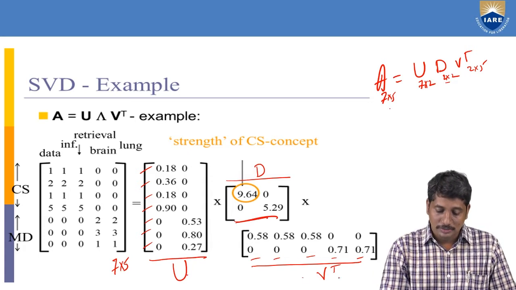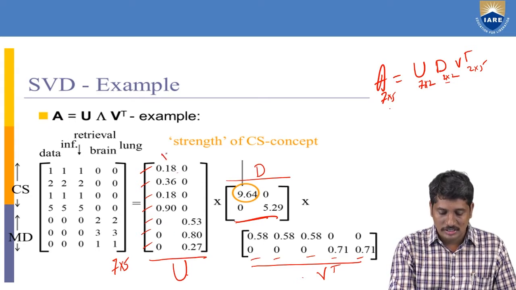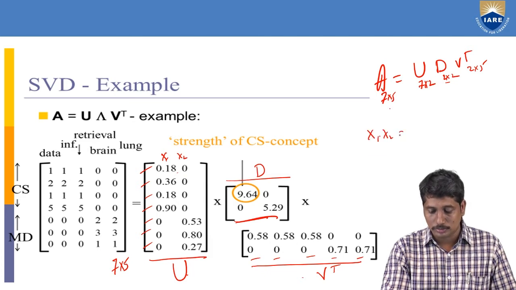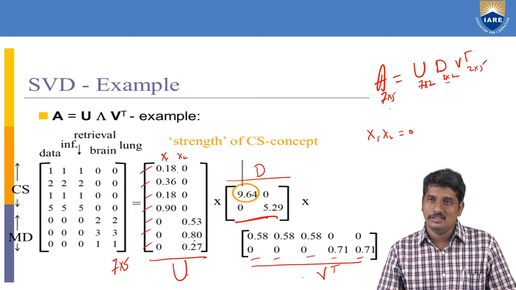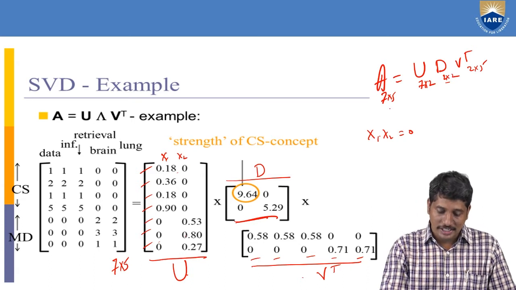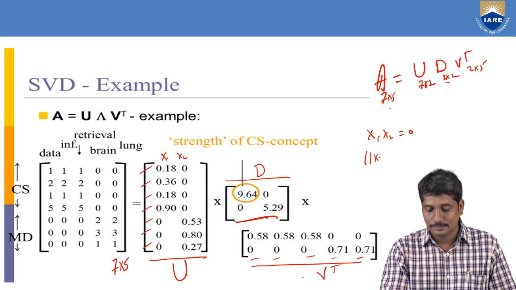Here you can observe that when you take the dot product of these two columns, say this is x1, this is x2, x1 dot x2 is 0. You can check: this into 0, 0, this into 0, 0, automatically 0. So these two vectors are orthogonal. And you can check that the norm of x1 is 1.